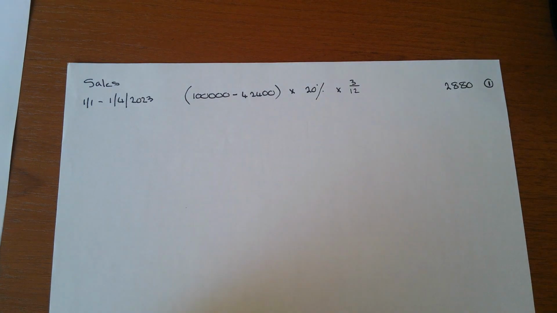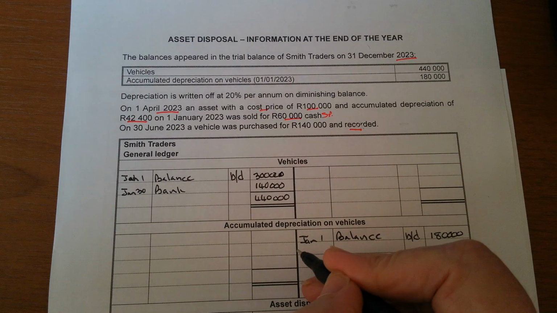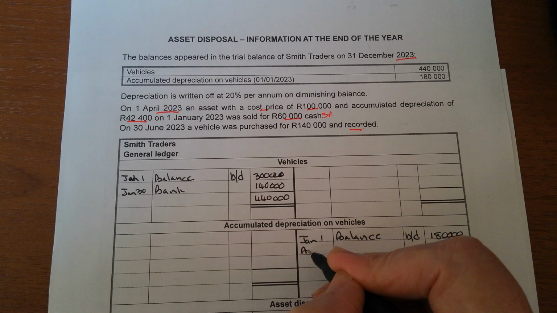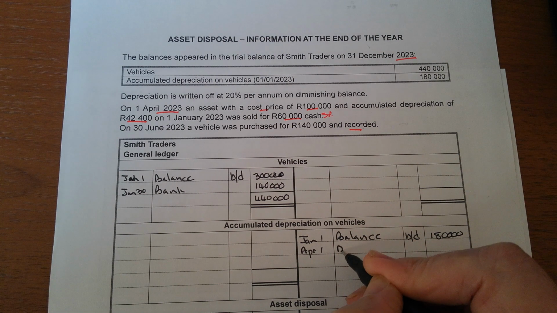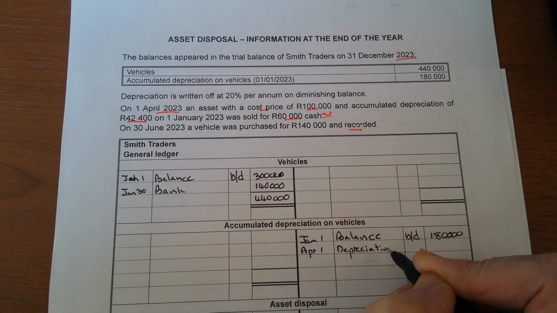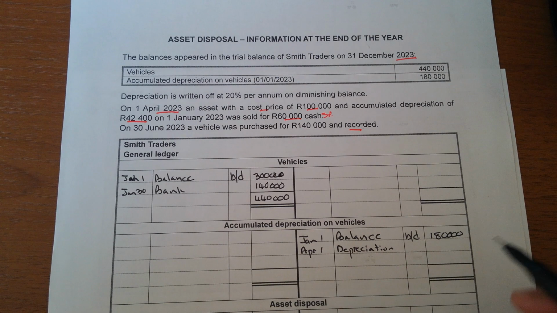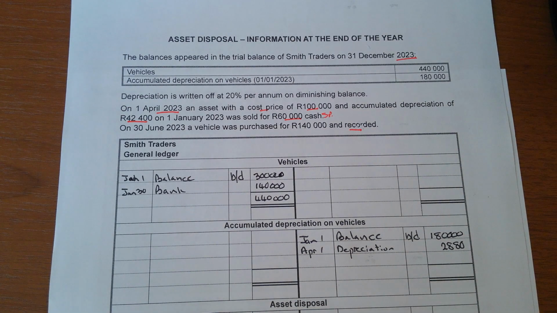So this is my step number 1. So I will debit my depreciation account and I will credit on the date that the transaction occurs. We will credit accumulated depreciation to indicate what is the total amount up to the date that we sell this asset. And we calculated the depreciation as 2,880.